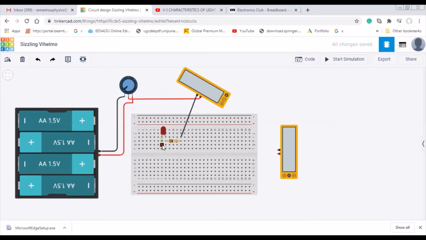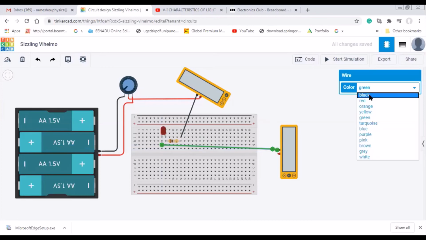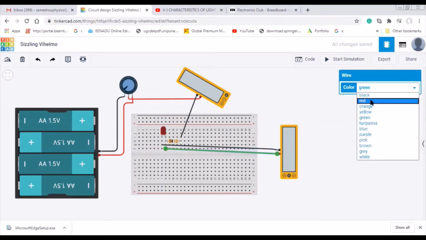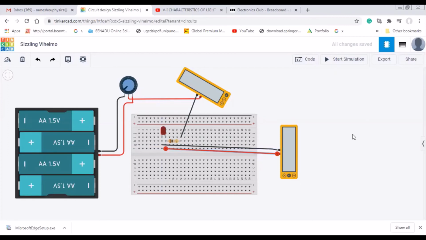For this, initially I connect the LED. The negative terminal of the LED is connected to the negative terminal of the voltmeter, and I turn it to black. And the positive of the LED is connected to the positive terminal of the voltmeter.